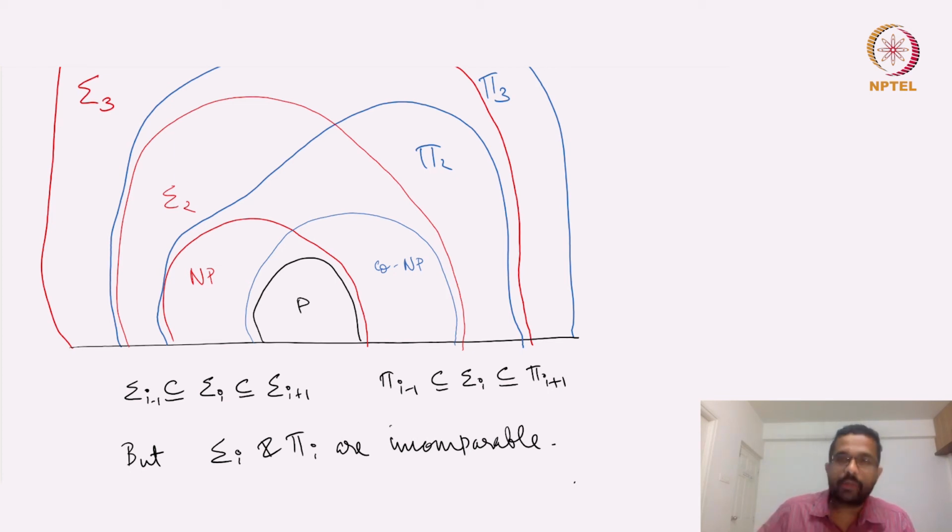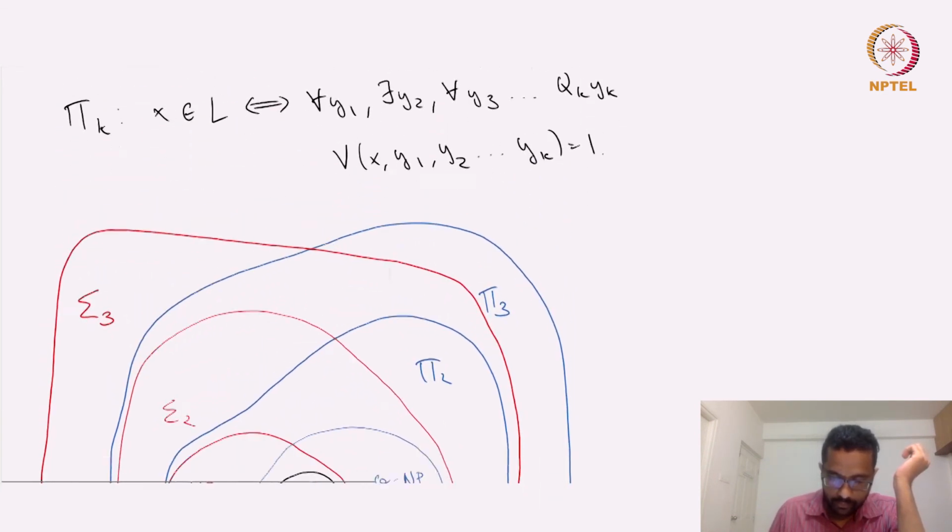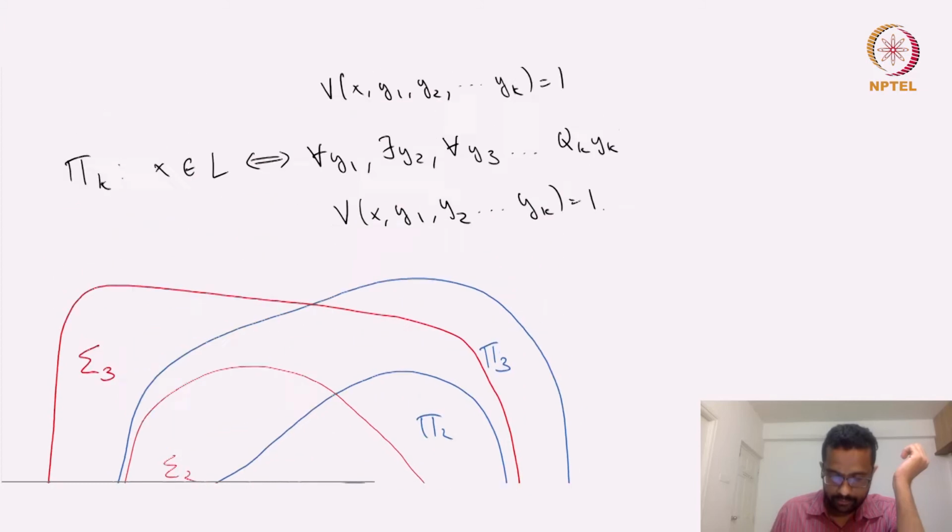But then sigma 2 and pi 2 are not comparable. We don't know whether sigma 2 is contained in pi 2 or pi 2 is contained in sigma 2. In fact, if you show that sigma 2 is contained in pi 2, that would mean pi 2 is equal to sigma 2, because sigma 2 is co-pi 2. So this is the current situation.